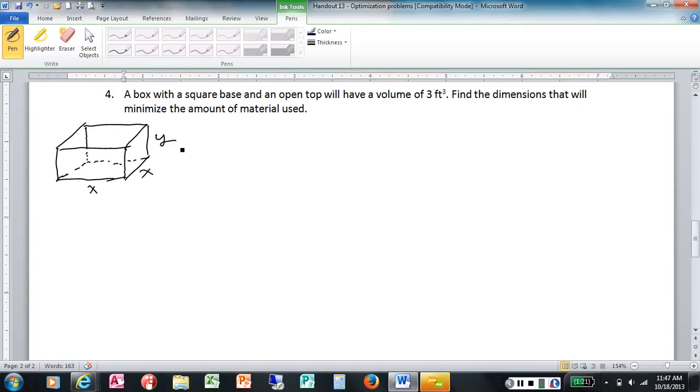So we want to minimize the amount of material used. Well, what we're talking about minimizing here, isn't that the surface area?